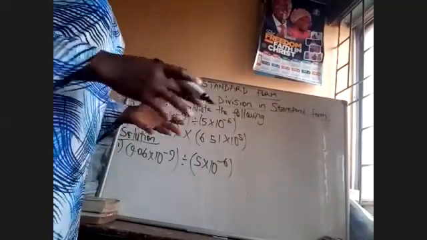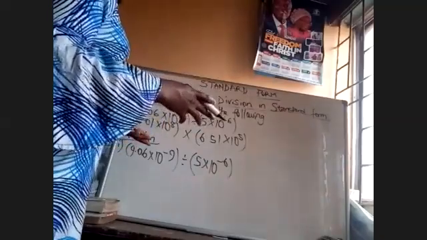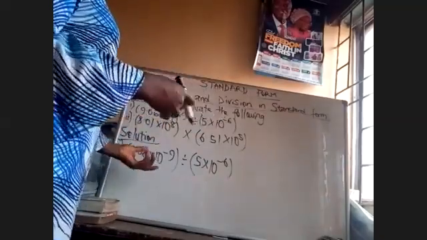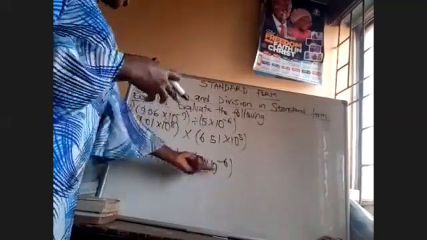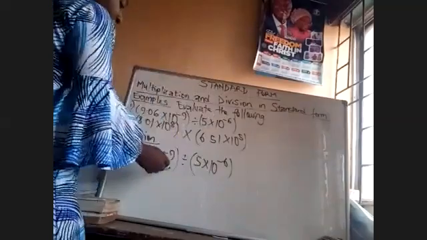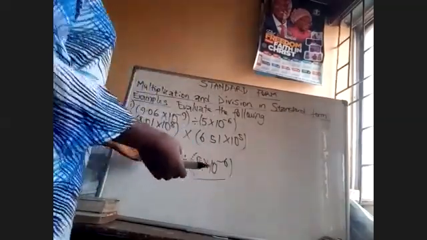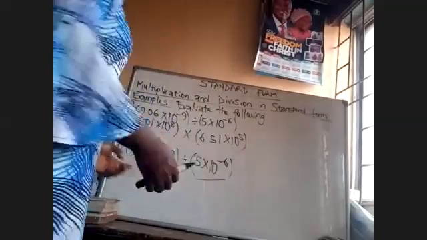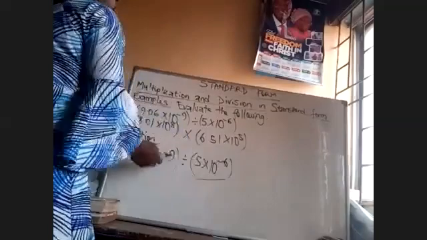Last week I explained that we pick the common term or the common digit to both sides. This is the first term, this is the second term. Now, what is common to the first term and the second term? 10 raised to power minus 6 is common to both sides.